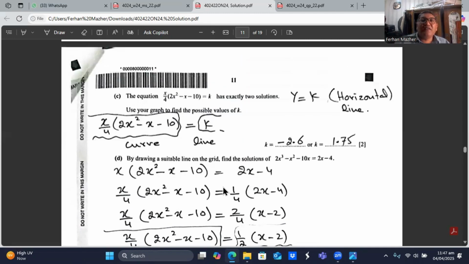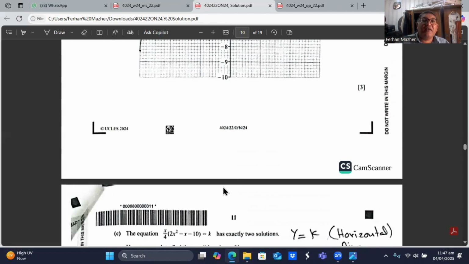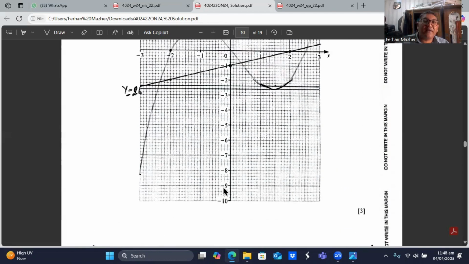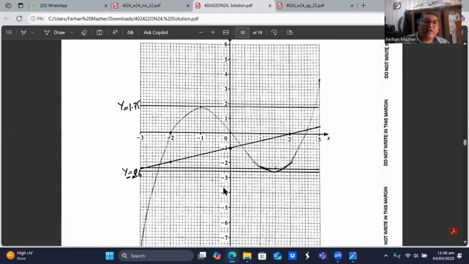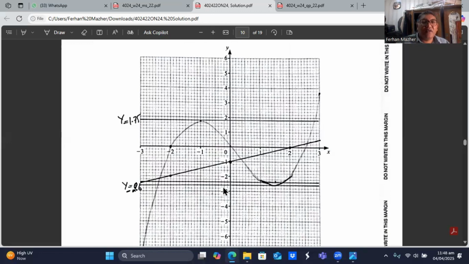When I plotted them, you can see here, I have plotted them. And then I joined them with a straight line.